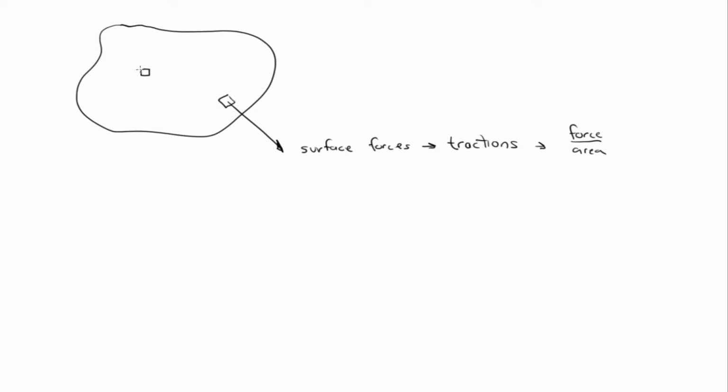And then we also have body forces. So if I have a little infinitesimally small cube in the interior of the body, the most natural one to think of in terms of mechanics is gravity, right? And we have this as a body force, okay?